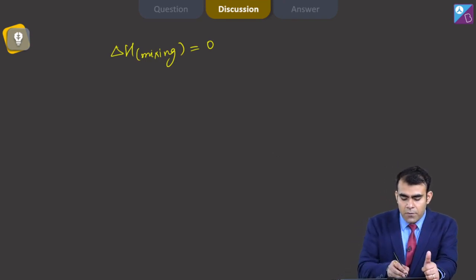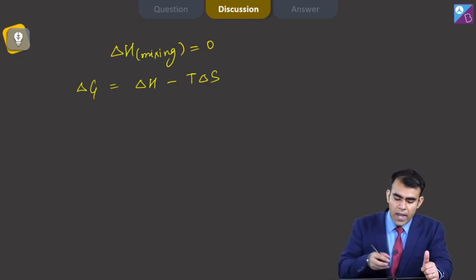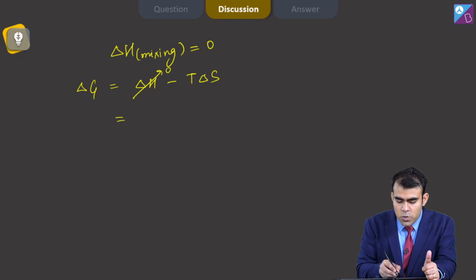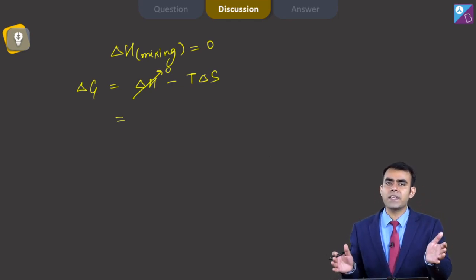We also know one formula, delta G is equal to delta H minus T delta S. Here we have to calculate delta G, and delta H is 0. So I have to provide only the temperature and the change in entropy of mixing.